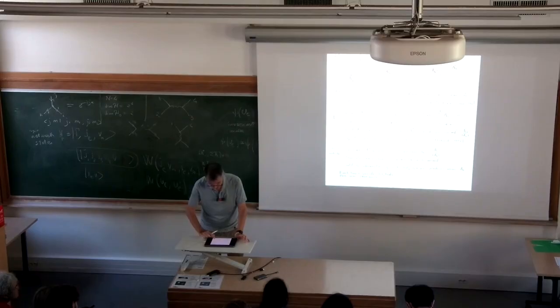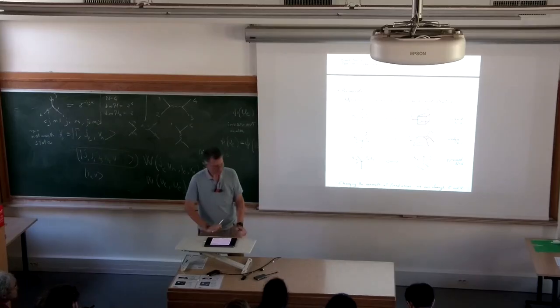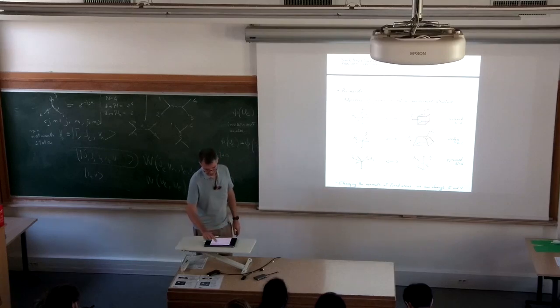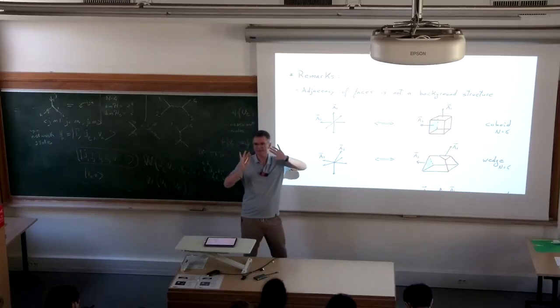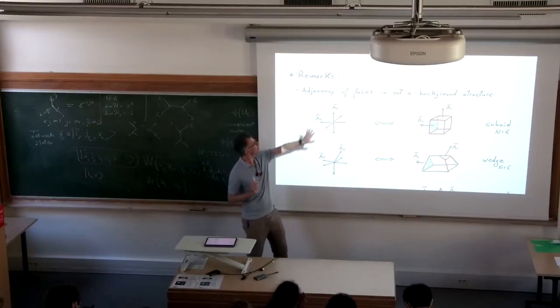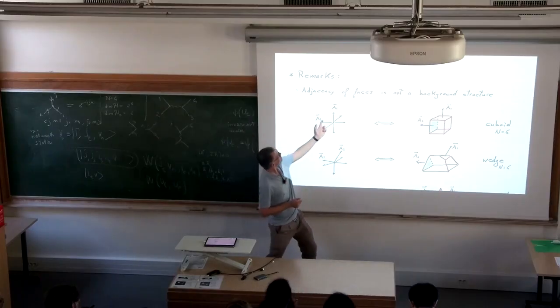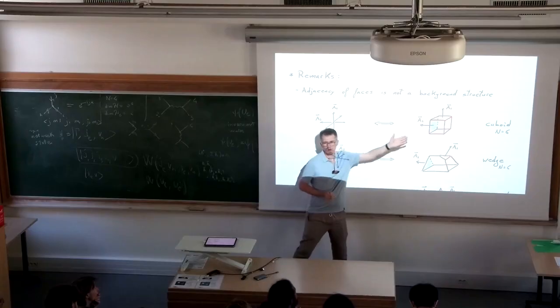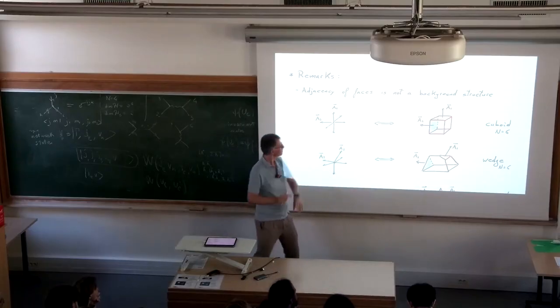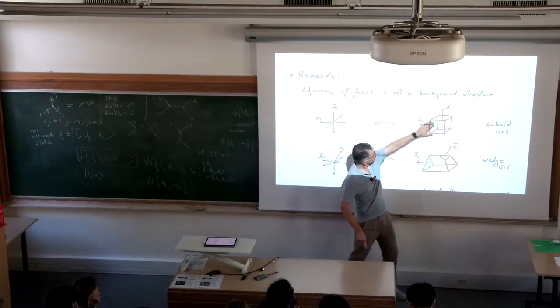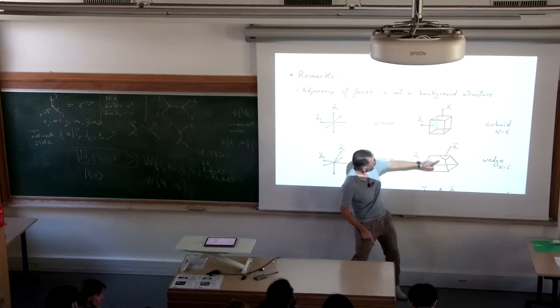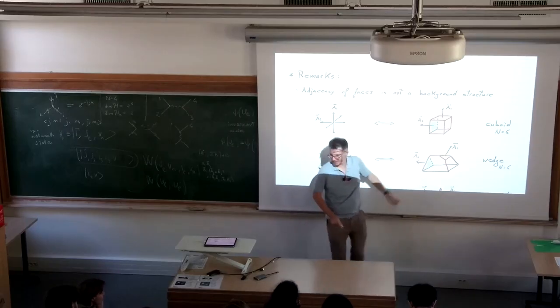I'm going to go through a list of remarks and then I'll let you ask questions on this part. So first, adjacency. You have fixed the number of faces, let's say 6. Now, if I take this set of vectors, it turns out to be a cube or a cuboid. If I move these vectors a bit, I can easily change the number of edges. I could get something that is here a triangle, there a triangle.